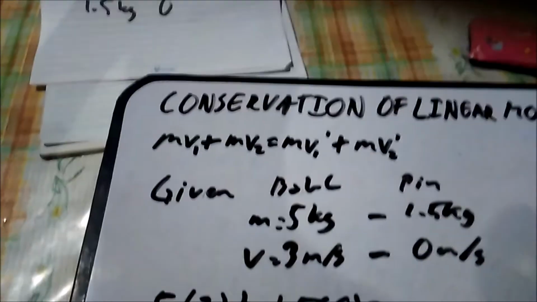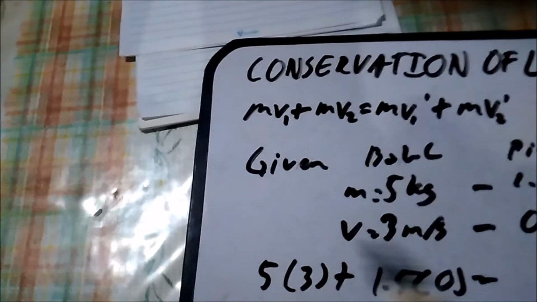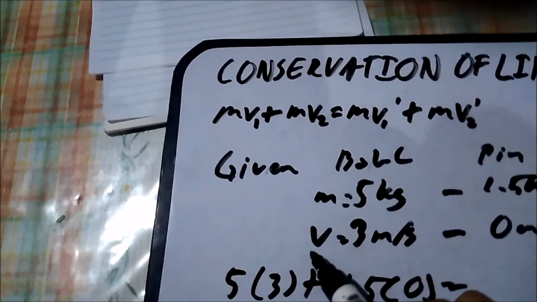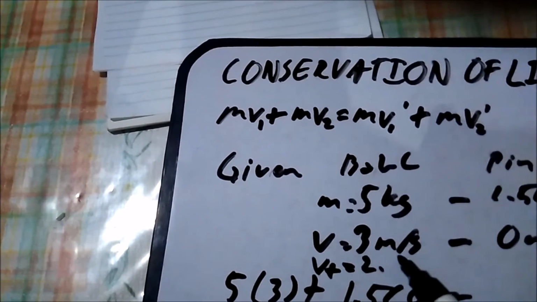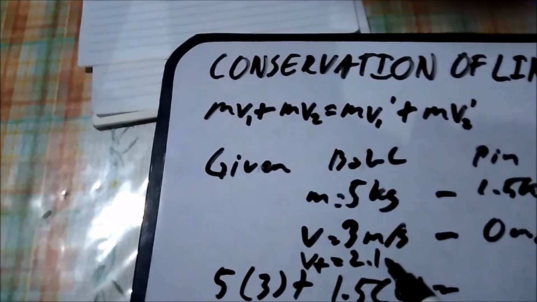It's a bowling pin. Now to write, I'm just going to write it. Now that I've written some, I have changed the rule. Now I'm going to find the velocity of the bowling pin after the collision. I'm going to copy this, but the velocity I'm going to give as a given. The final velocity of the bowling ball is 2.1 meters per second.